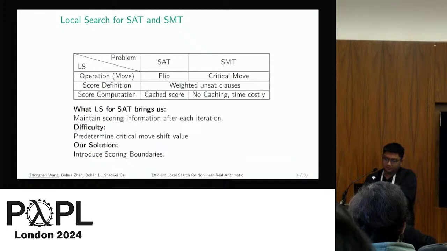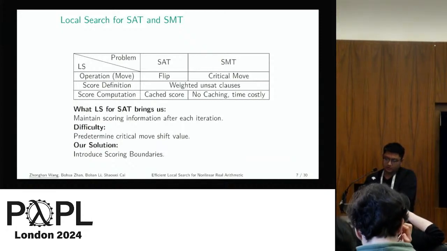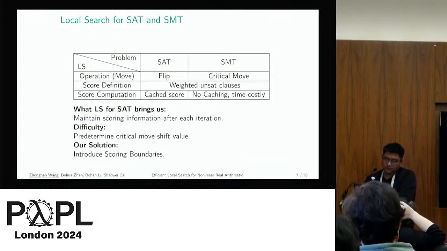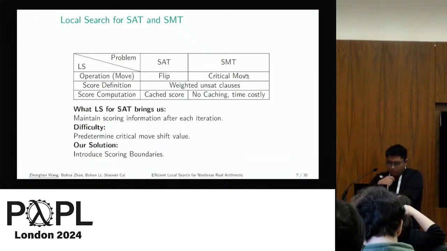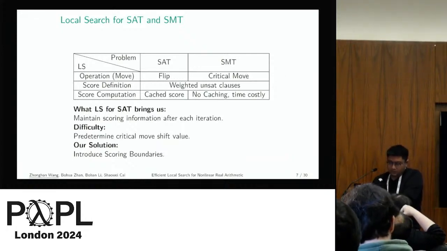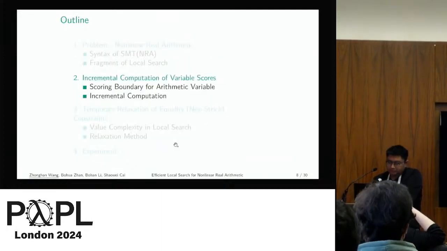When we flip a Boolean variable, the scores of all the Boolean variables are computed, and in SMT, this cannot be done because we don't know which value we should move the variable to. And this introduces scoring boundaries.